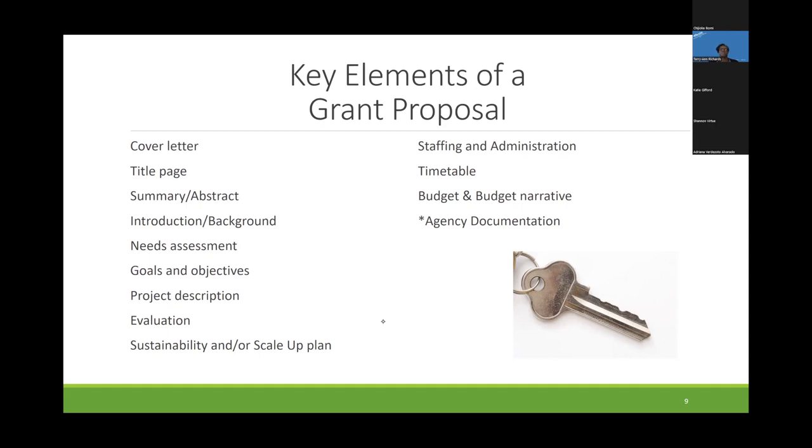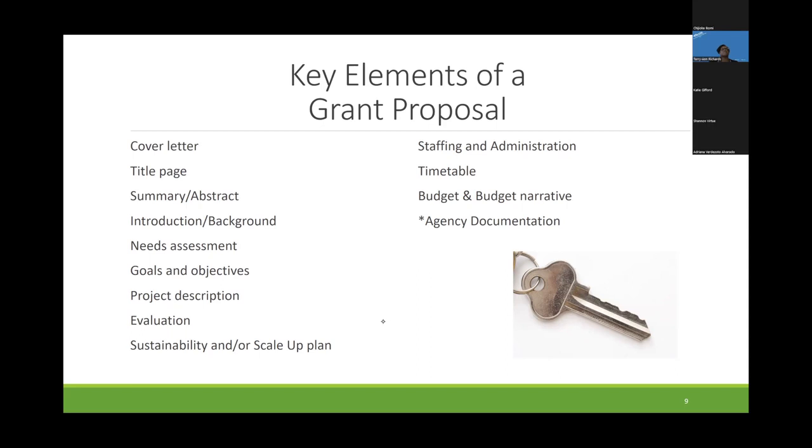And part of that staffing and administration is really important in terms of who's going to be leading the project, what the rationale is for that particular person, whether or not you have a good measurement kind of person, because a lot of times what you're looking at is a leader who has good content expertise, somebody who is a good measurement person, maybe project management and basic program staff, and that there's not redundancy, but you do have all of your bases covered.